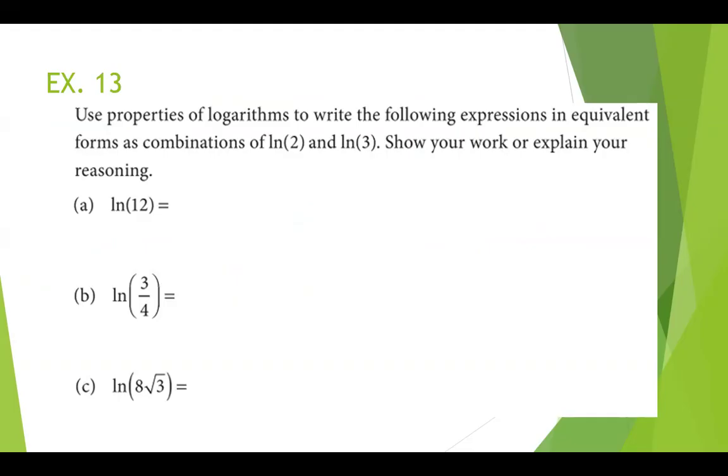And if it asks me to rewrite the following ones so that they would all have a combination of natural log of 2 and natural log of 3, I would be using those two rules to make it possible. If I have the natural log of 12, I can either split it into a division problem or a multiplication problem. Does that make sense? Something that's going to produce natural log of 2 and natural log of 3.